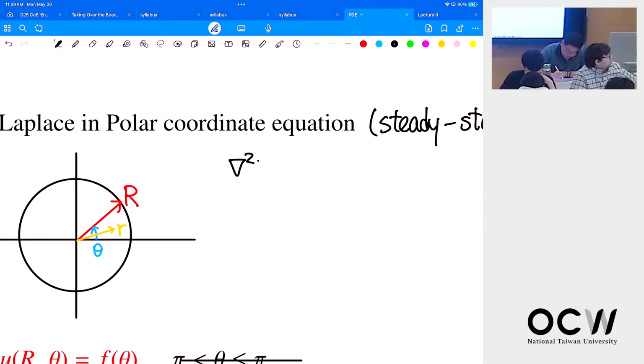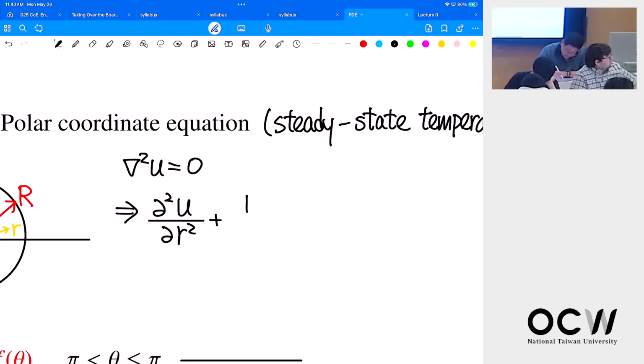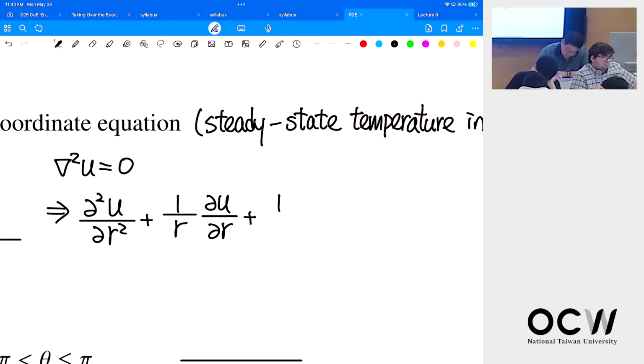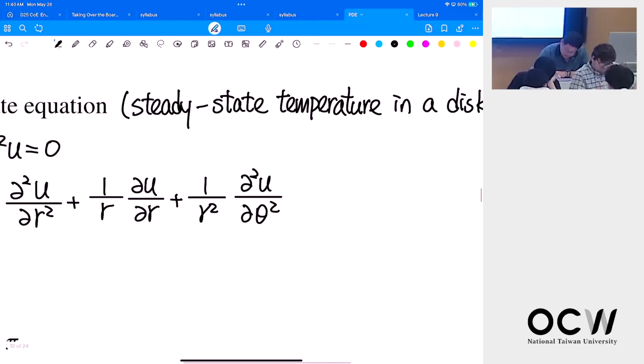So del squared u equals 0 means partial squared u over partial r squared plus 1 over r partial u over partial r plus 1 over r squared partial squared u over partial theta squared, that is equal to 0.